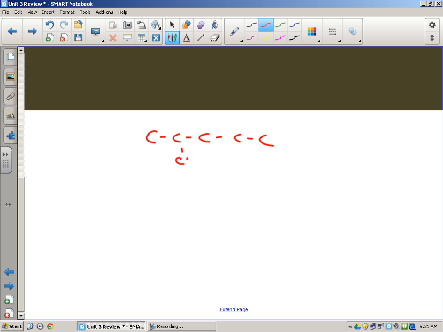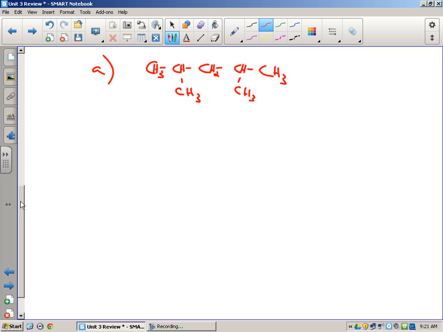So 2 methyl, 3, 4 methyl, and just fill in the rest with H's, of course. Be careful when you fill in with H's. Make sure you have the appropriate number around each one because once again that's going to affect the formula and that could affect molar masses and whatnot. That would be bad.